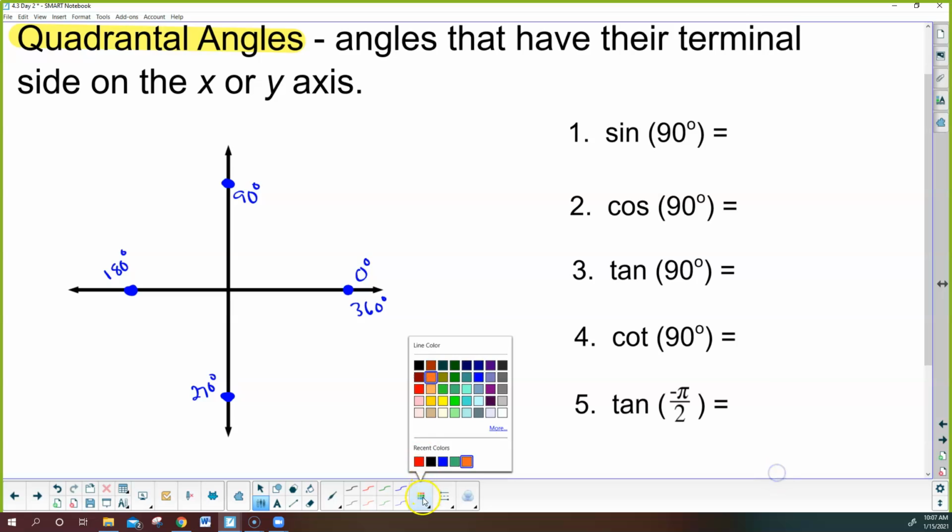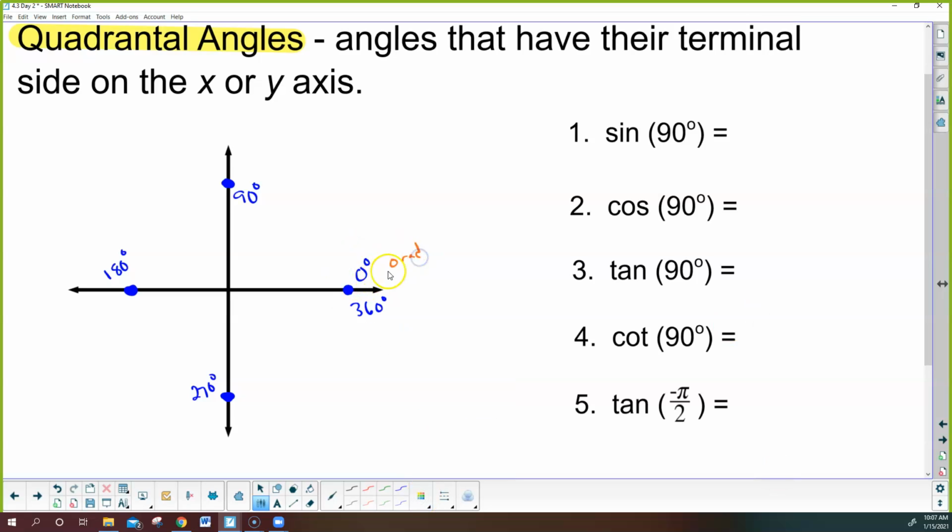Well, what would that look like in radians, right? So we have 0 radians. If I take pi, which we talked about 180 was pi, and cut that in half, that was pi over 2. So every quarter turn was pi over 2.